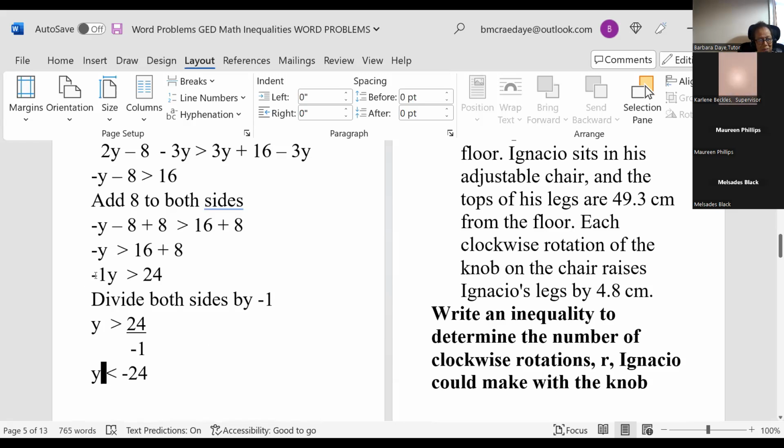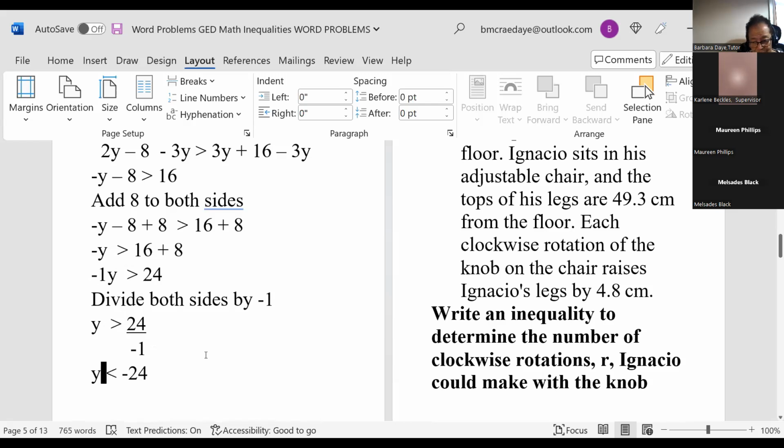I divided -1y by -1, that just gave me y, right? And 24 divided by -1, plus over minus gives negative. But since we're dividing by a negative, we reverse the inequality from greater than to less than, because that's the rule.